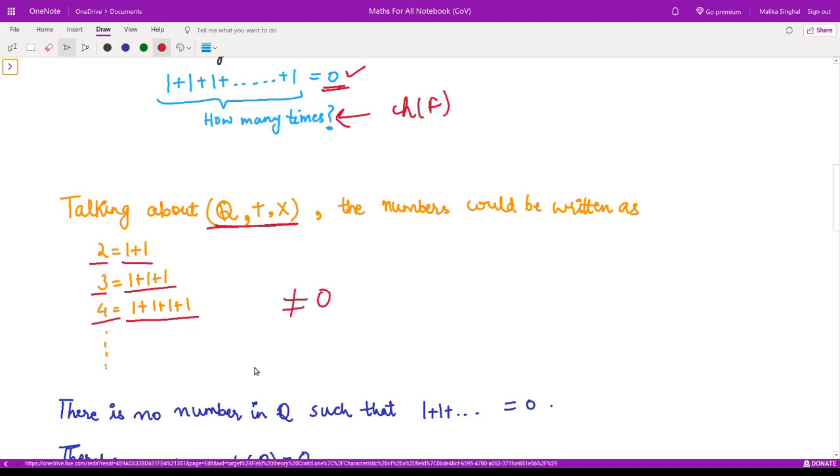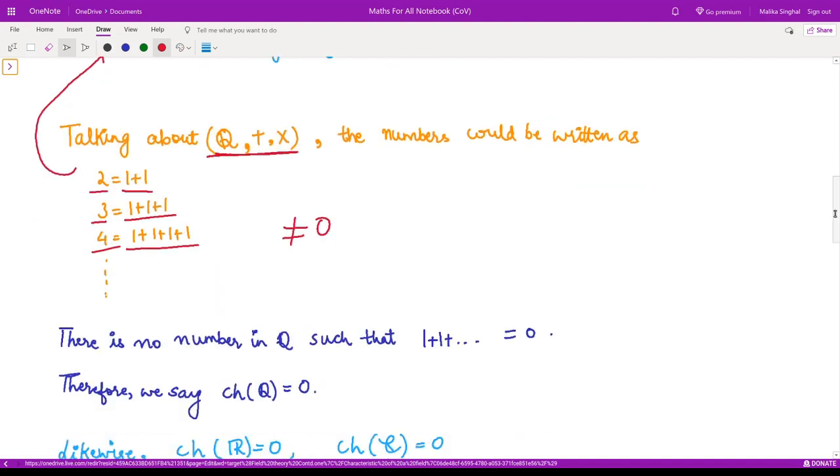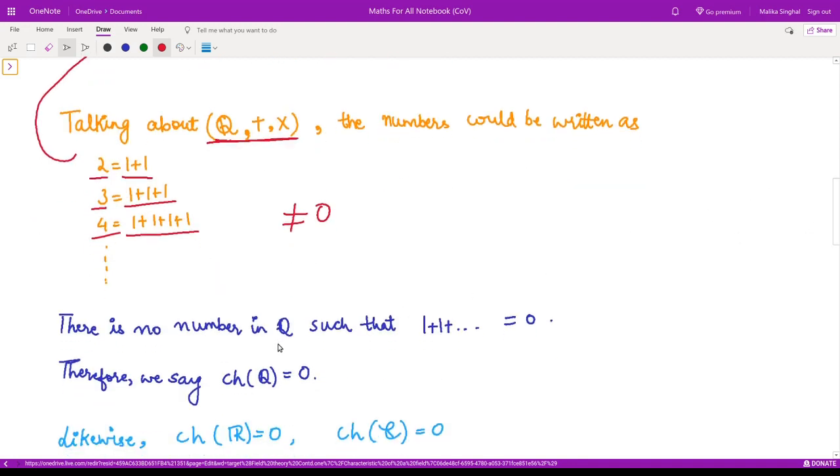So you cannot obtain 0 anytime, right? So this cannot be achieved for this case. That means there is no number in the field of rational numbers such that this is true. Therefore, we say that the characteristic of the field of rational numbers is equal to 0, right?